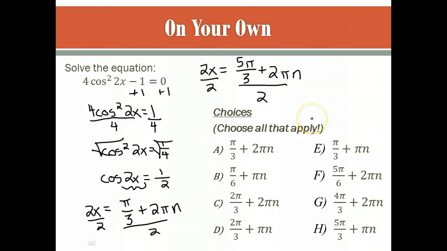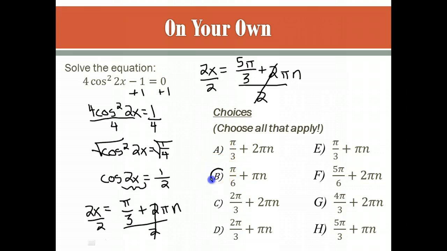So in my choices, I'm looking for options that have only a pi n instead of a 2 pi n, as these numbers are going to cancel out. So that automatically gets rid of half of my choices. Then I want to look for angle measurements that show my original fractions but half of their value. So for example, if I divided pi over 3 by 2, then that would give me pi over 6.